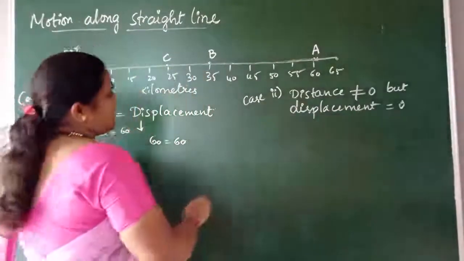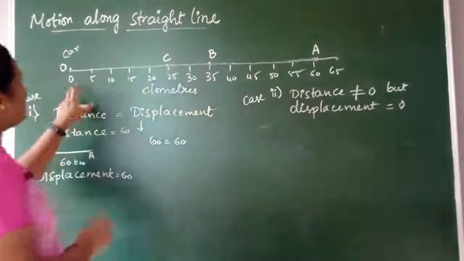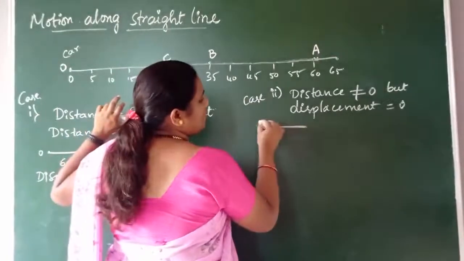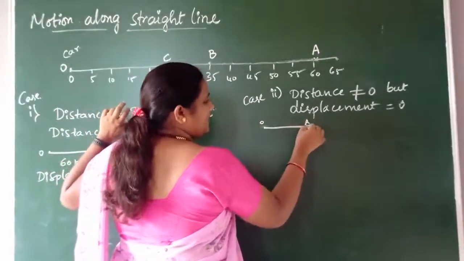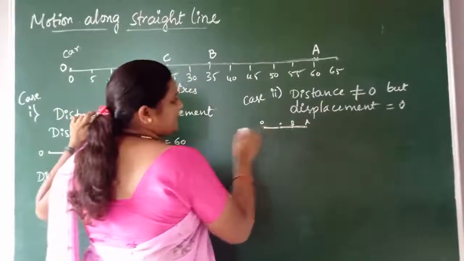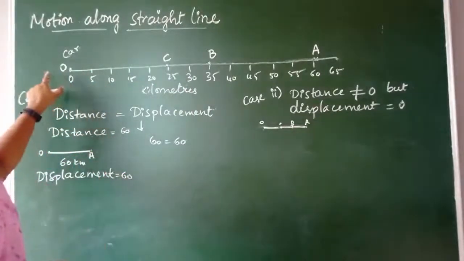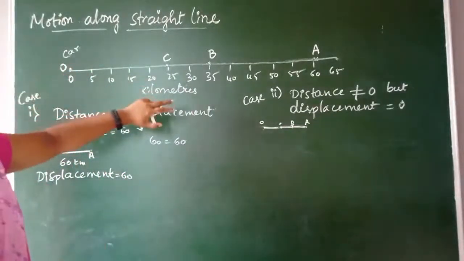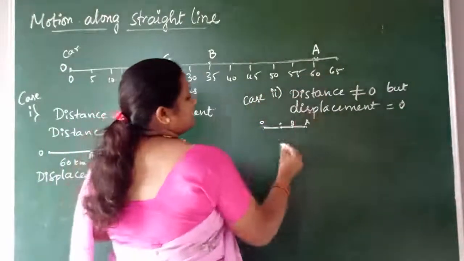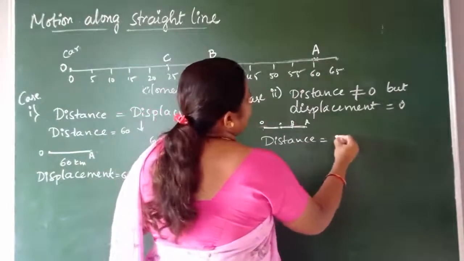Let us take the same example here. An object is moving from O to A, and again it goes to B and it goes to C. Isn't it, children? So first here, what is our distance value? Let me write it. Distance is how much, children?